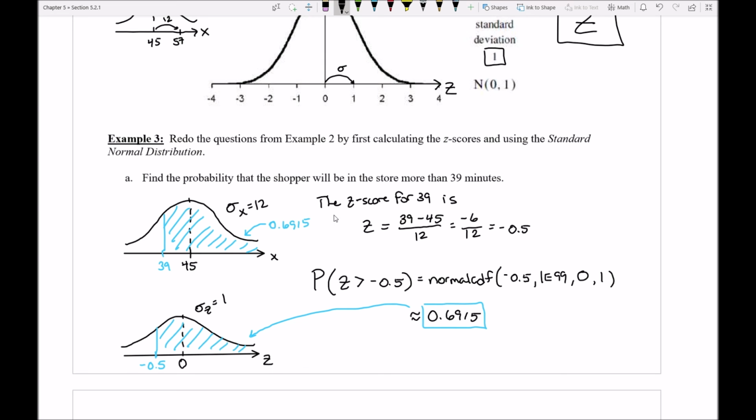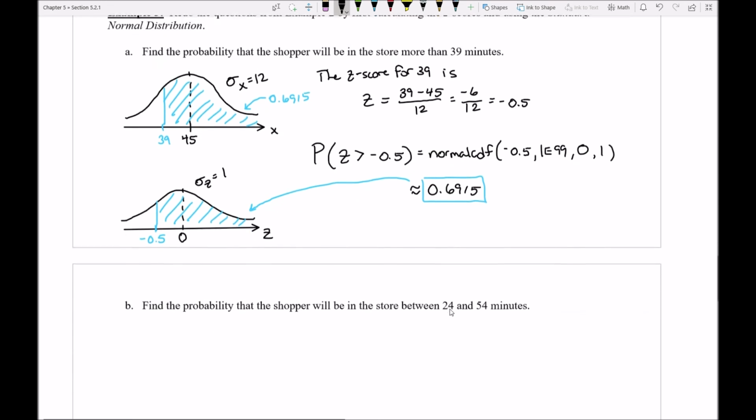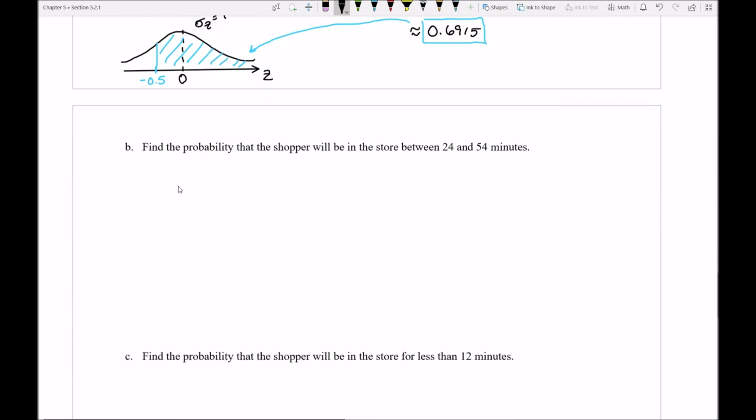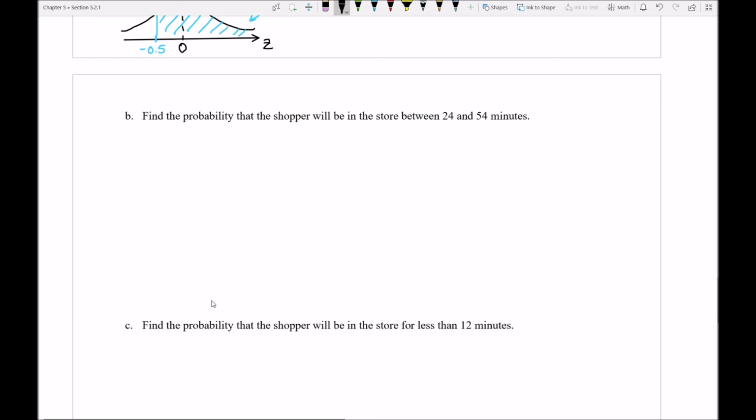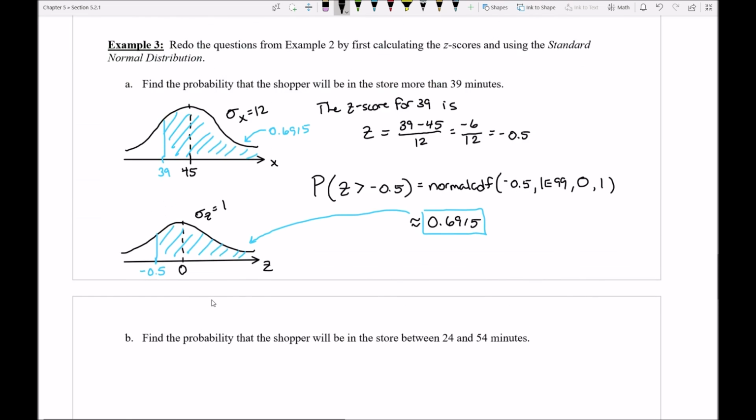Right now, we just want to highlight the fact that if for any reason we really wanted to, we can convert over to z-scores and then calculate our probabilities. And we know that we'll get the same exact probability. I'm going to ask you to try to practice this with parts B and C, which are the same exact parts B and C that you had back in example number 2.